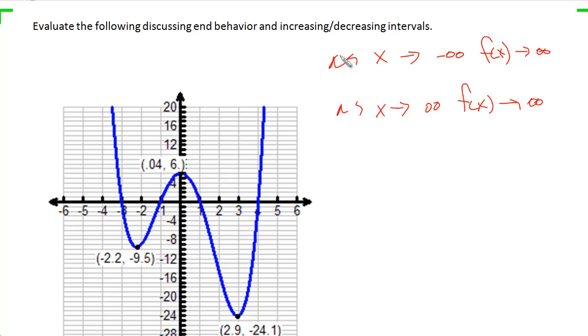Now, if I want to talk about the increasing and decreasing intervals, the increasing intervals, so this is increasing. Remember, as we read left to right, I see it's increasing from here, and I'll just use set notation, negative 9.5, all the way over to, I'm sorry, that's the y value. From here, the x, negative 2.2, to here, 0.04.